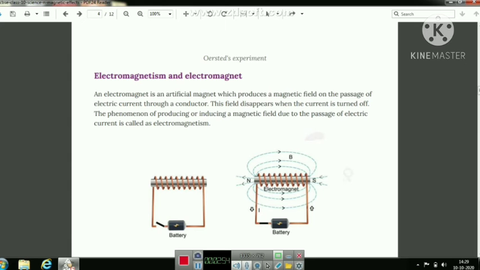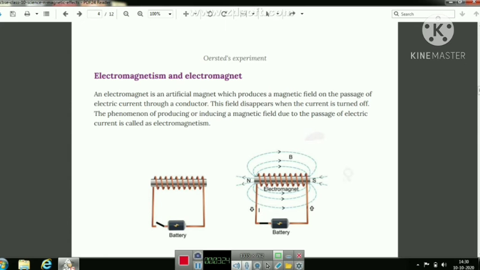This is the wire and we have wrapped it with many turns, and this arrangement is called a solenoid. In the shape of a cylinder, it is called a solenoid.